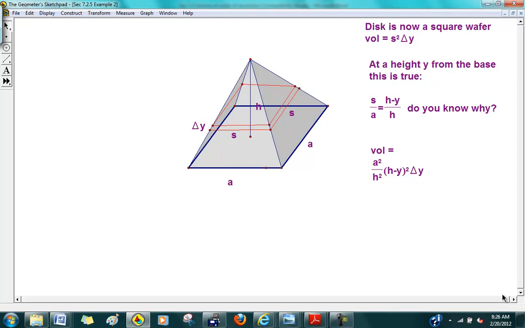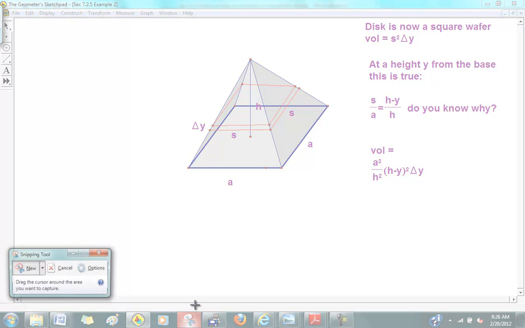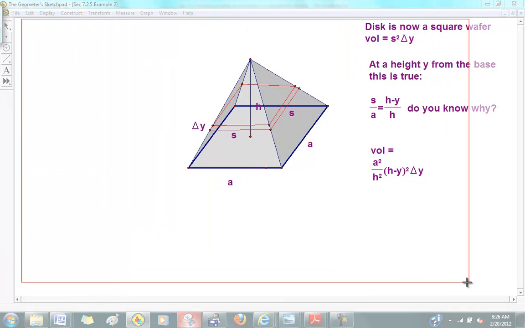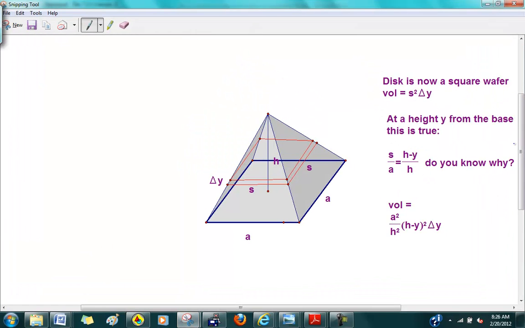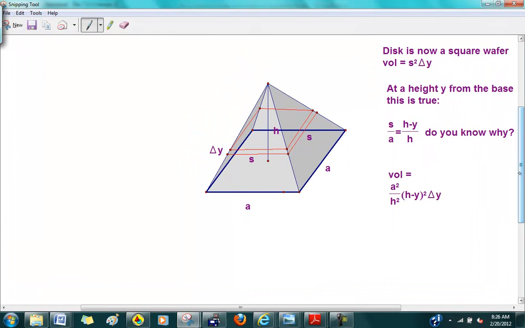Certainly not the Egyptians. Let's go snip this guy. The answer for the volume of a pyramid from kindergarten is one third base area times its height, where B is the base area.